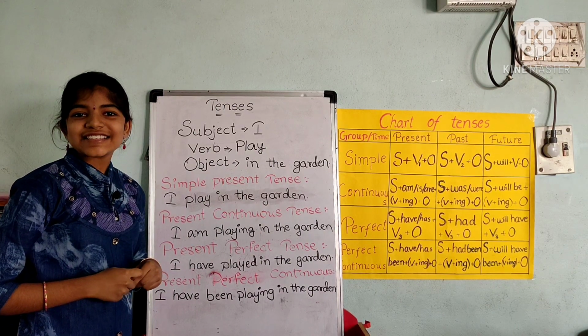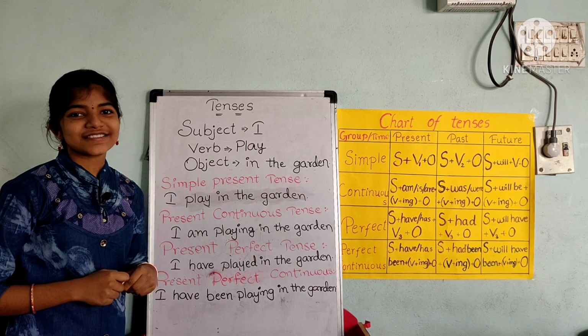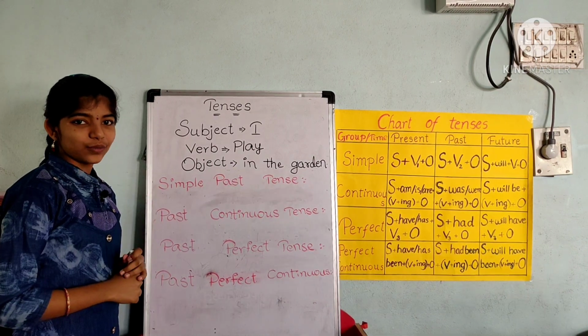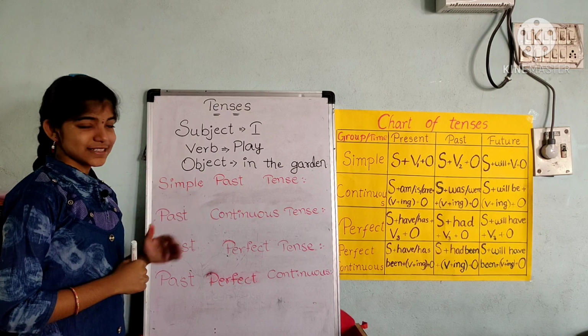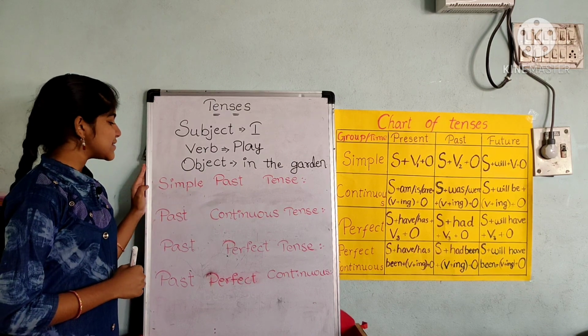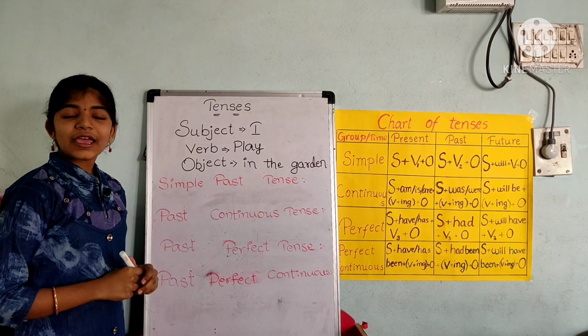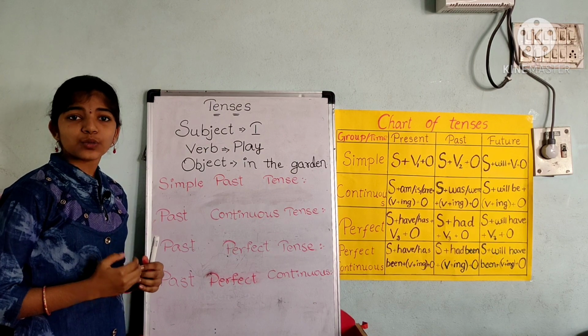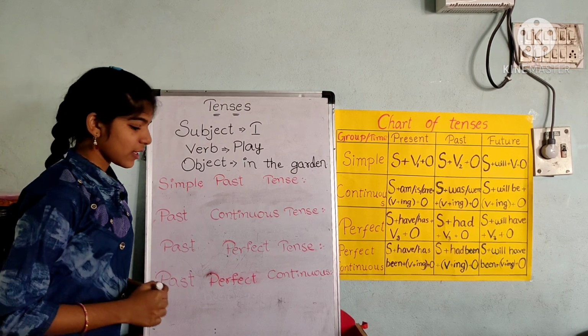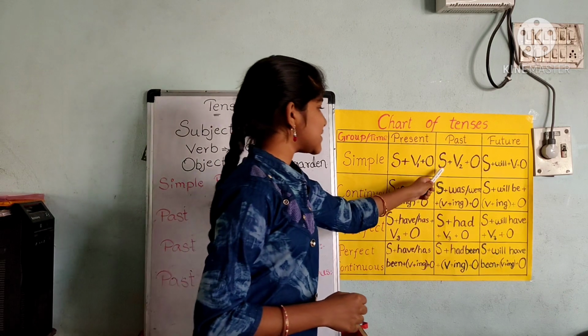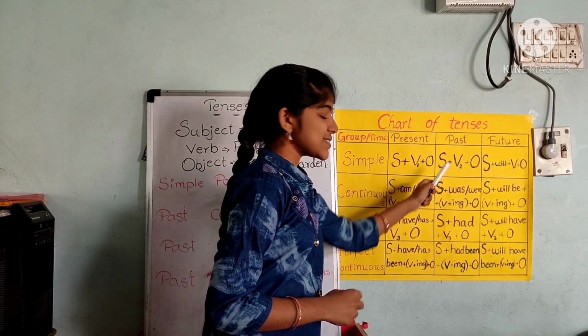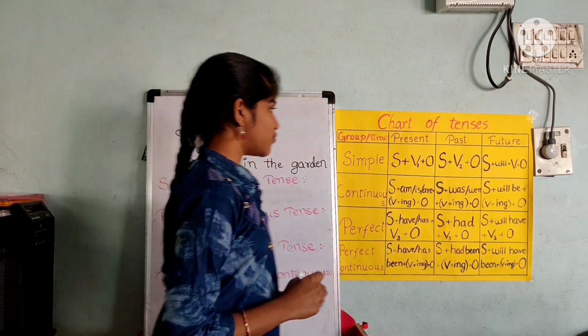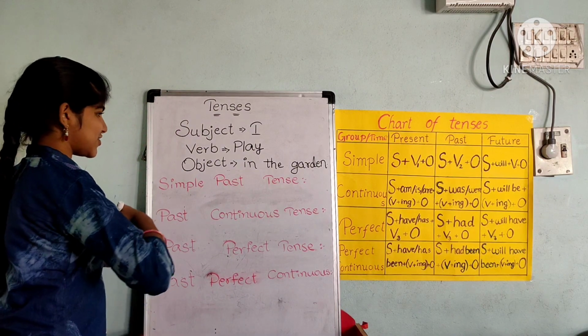And the next tense is past tense. Now the second one, past tense. First we will take simple past tense, which means an action that was already completed. Formula for this is subject plus second verb form plus object. Let's write the sentence.